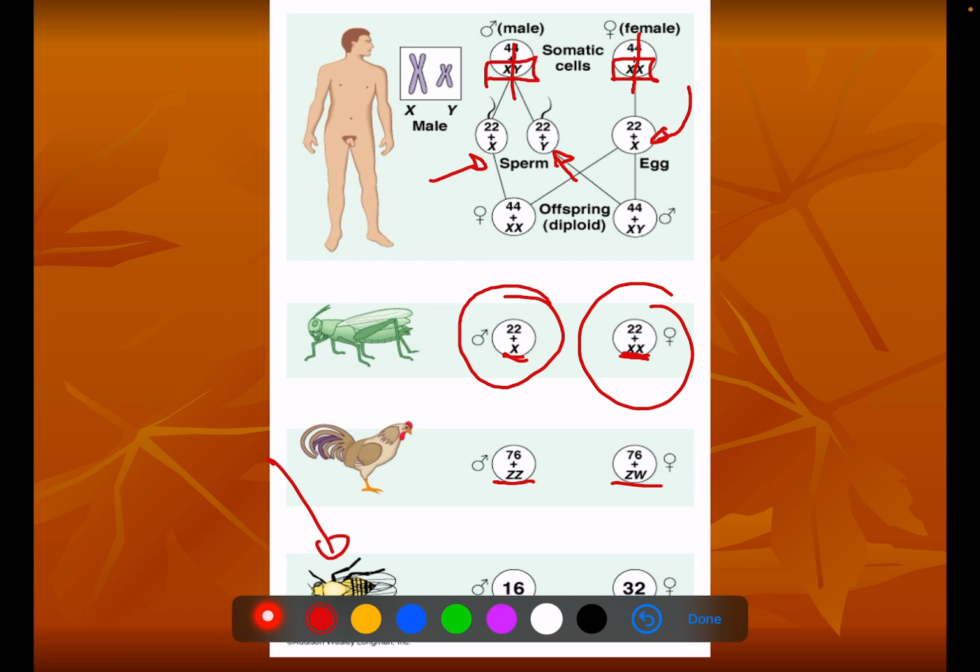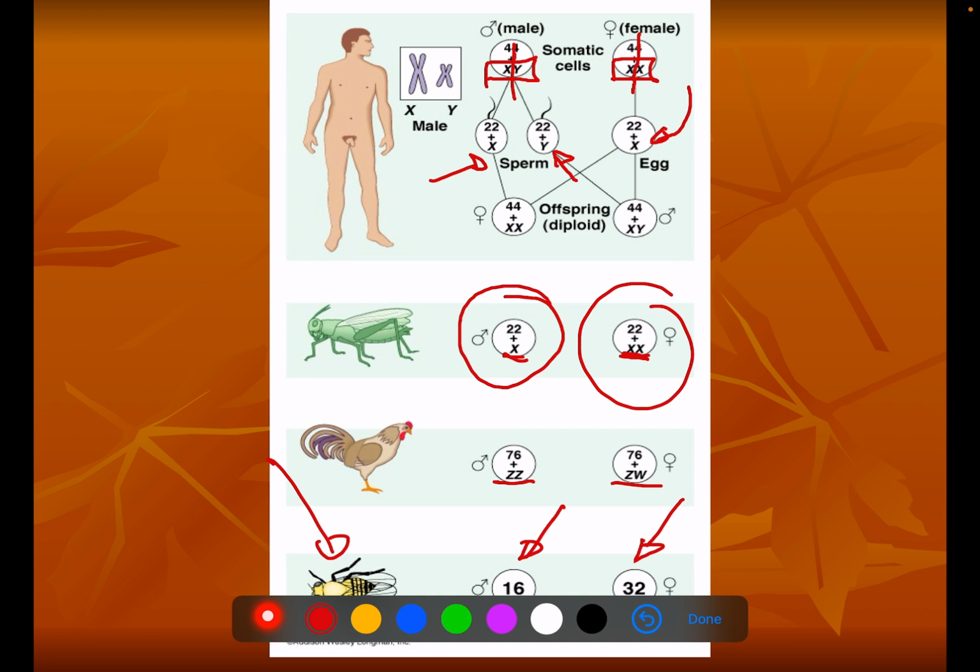But the cool story for me is the bee. And I'm definitely putting that on exam 3. You should know that bees are haploid, and male bees are haploid, and female bees are diploid. Got to know that. So what's happening here is that a female puts down an egg. The egg has 16 chromosomes. And if the egg gets fertilized, it would go back to having 32 chromosomes.